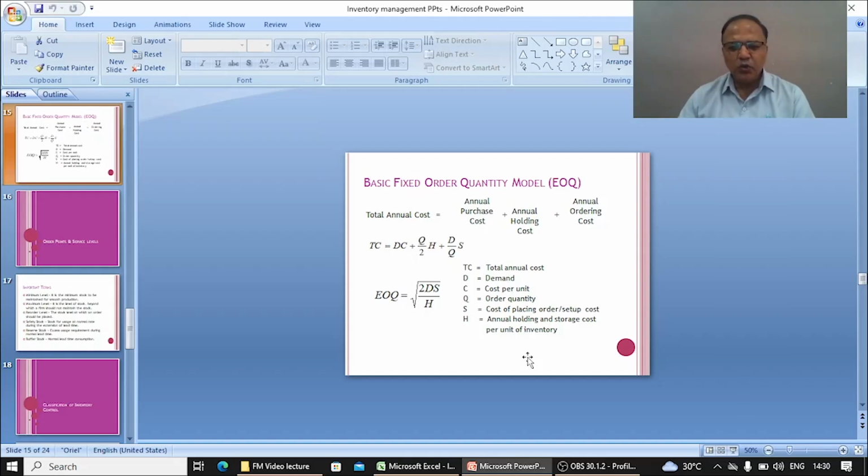S is equal to cost of ordering, cost of placing an order, or you can say this is ordering cost. H is equal to annual holding and storage cost per unit of inventory.